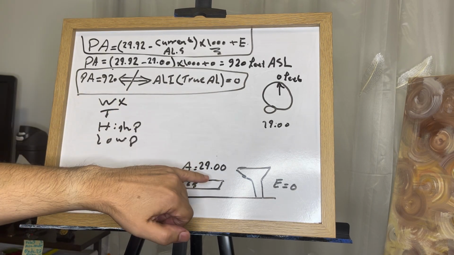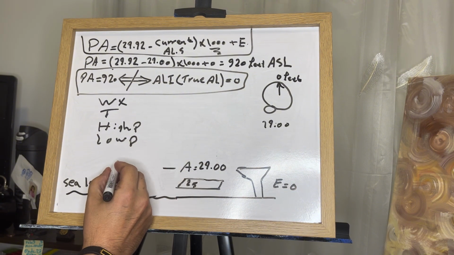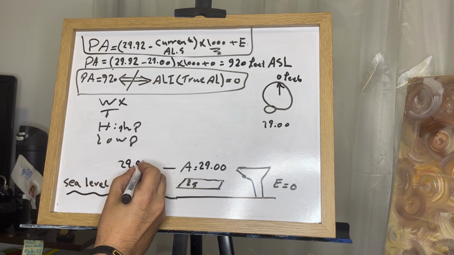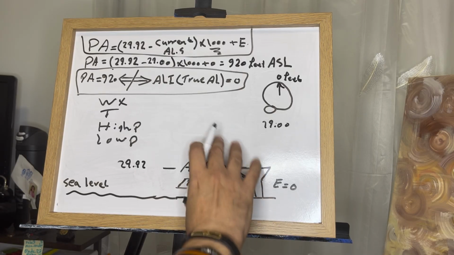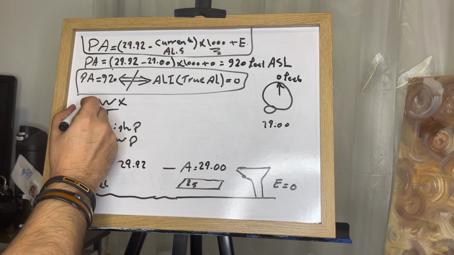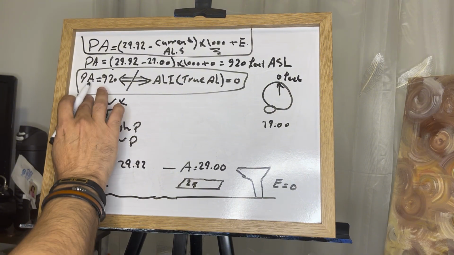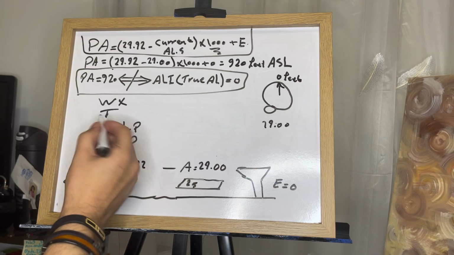At this station, the local pressure 29.00, compared to the standard atmospheric pressure of 29.92, is lower. This station has lower pressure. One of the parameters that can cause this is temperature.